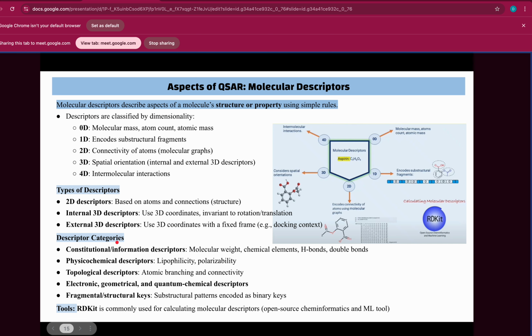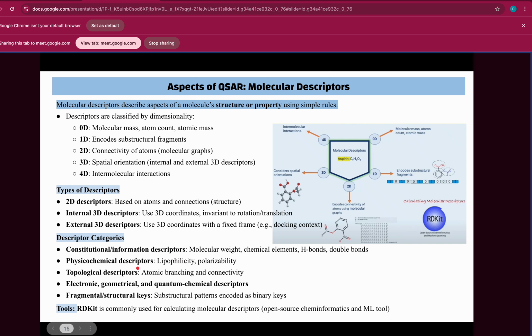Then comes different descriptor categories. These are different dimensions in which the descriptors are present. Now these descriptors can be divided into different categories. First is constitutional or information descriptors, which simply give you some kind of information such as the molecular weight, chemical elements which are present, carbon, hydrogen, nitrogen, sulfur, or hydrogen bonds or double bonds. This information comes under information descriptors.